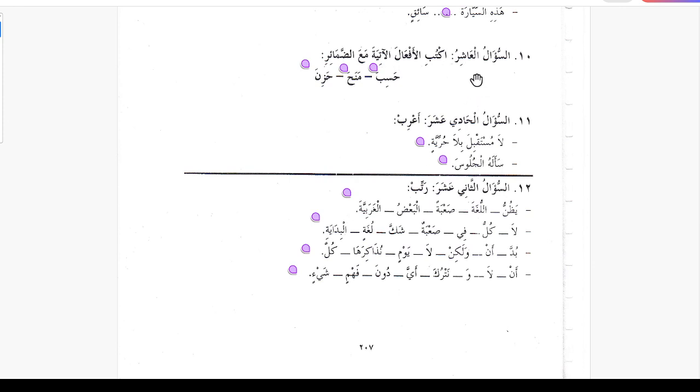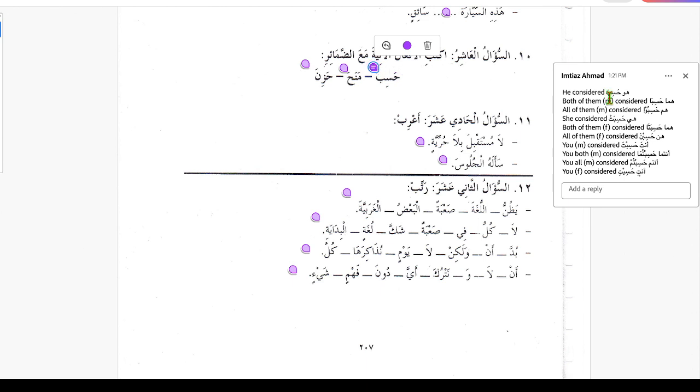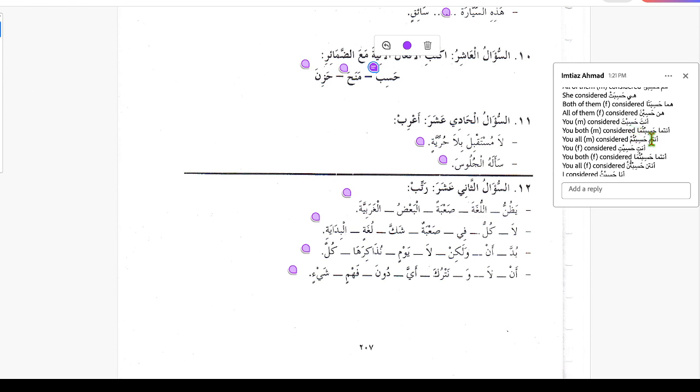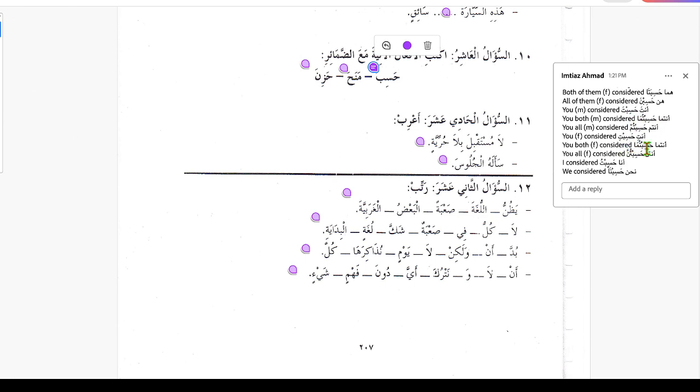Question number 10. Uktubil afal al atiyata, write the following verbs with their pronouns. We have to use this verb with all its pronouns, like huwa hasiba, huma hasiba, hum hasibu, hiya hasibat, huma hasibata, hunna hasibna, anta hasibta, antuma hasibtuma, antum hasibtum, anti hasibti, antuma hasibtuma, antunna hasibtunna, ana hasibtu, nahnu hasibna.